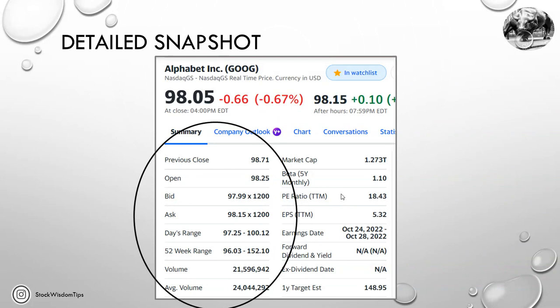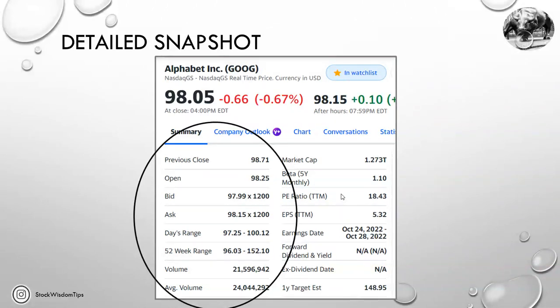Now, the bid and the ask, these are interesting fields. The bid price represents the highest price that a buyer is willing to pay for the stock. And the ask price is the lowest price that a seller will accept.